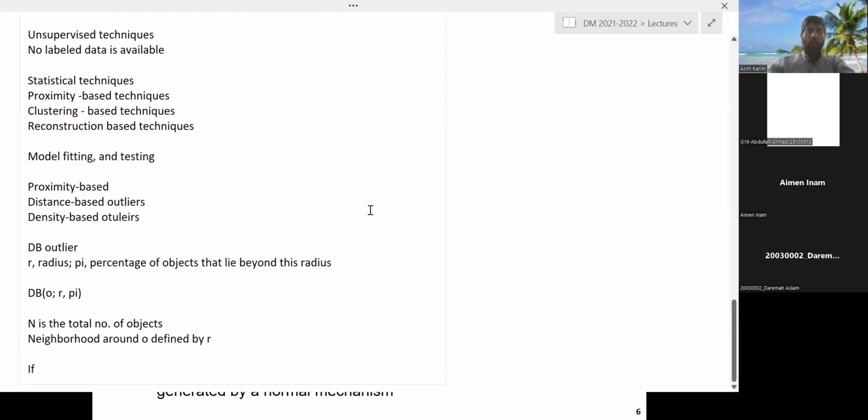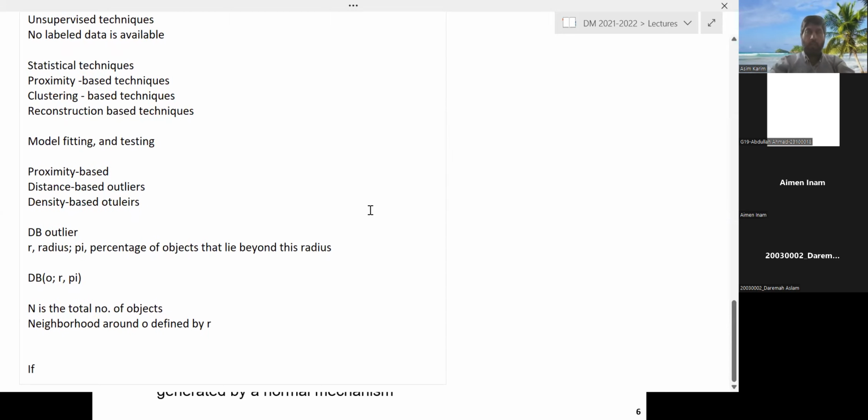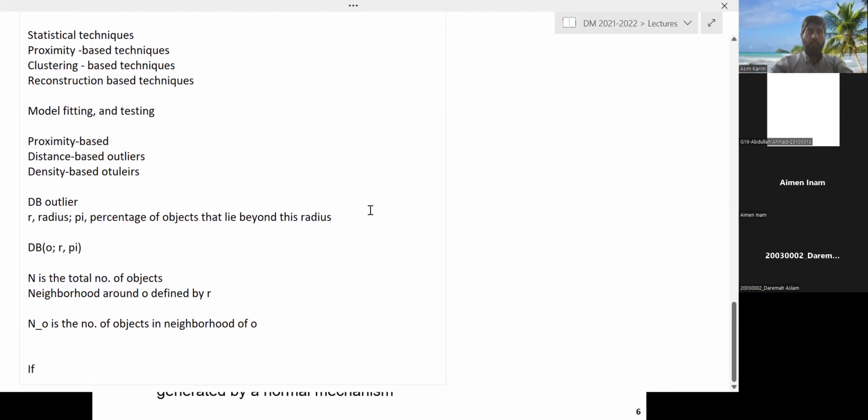And then let's say NO is the number of objects in the neighborhood of O. Okay. So which means that n minus NO objects lie outside the neighborhood.